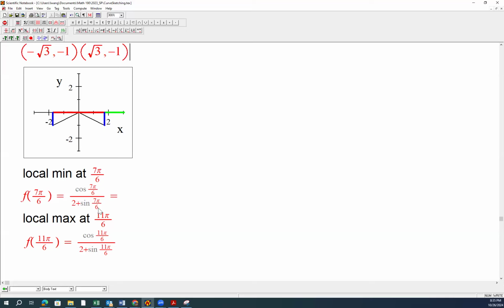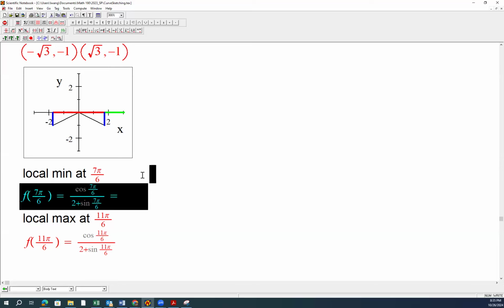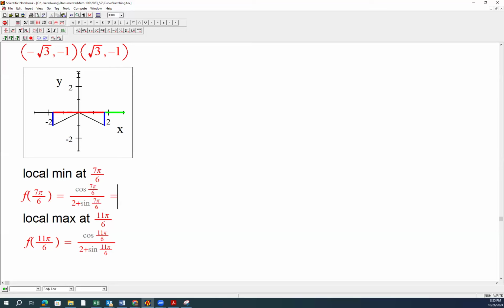So sine 7π/6, we already know those are -1/2. We already know this piece is -1/2.